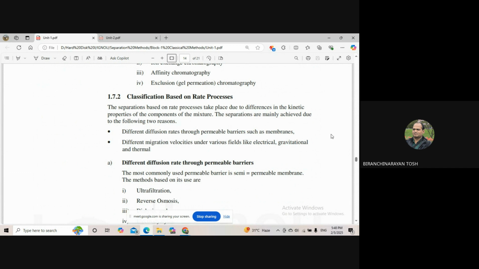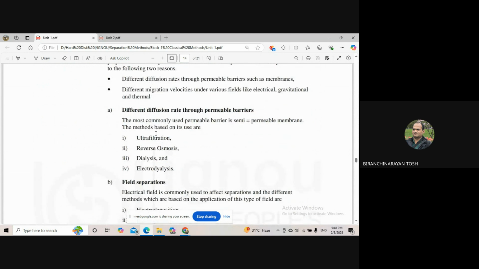Similarly, different diffusion rates through permeable barriers. Some examples are given here. The most commonly used permeable barriers are semi-permeable membranes, which are used in ultrafiltration, reverse osmosis, dialysis and electrodialysis, all based upon the rate of diffusion. Then field separation, the second one, different migration velocity under various fields.